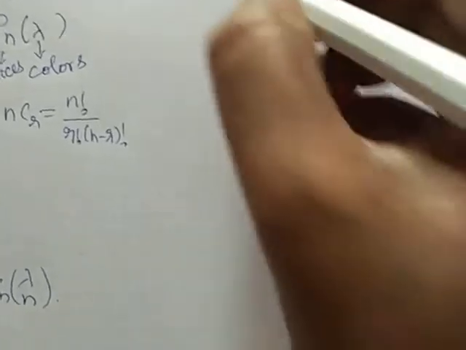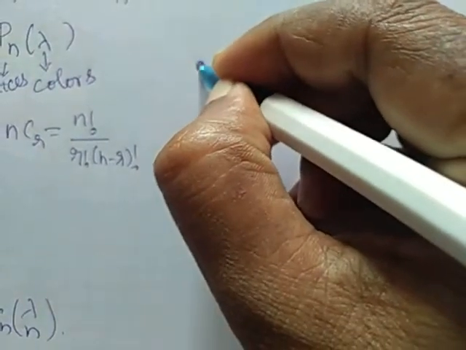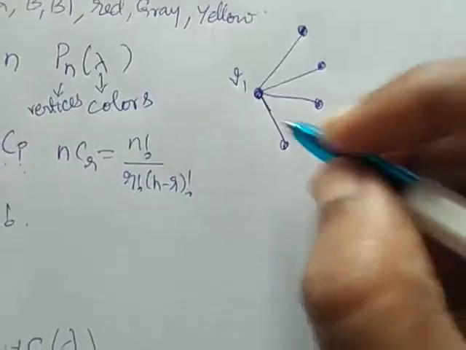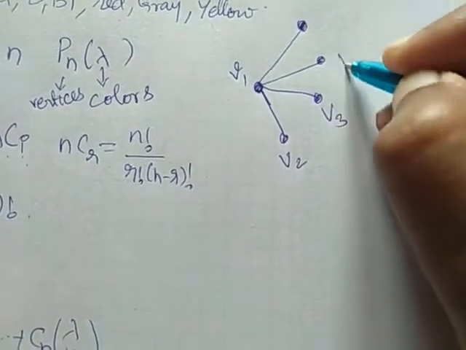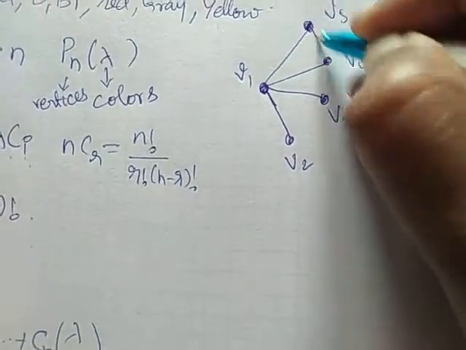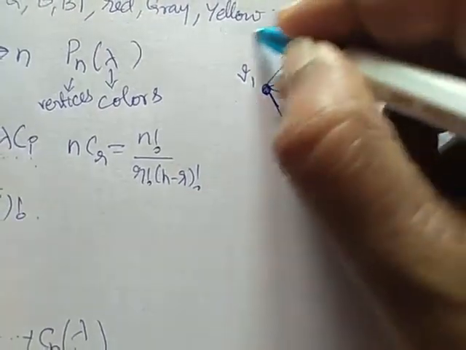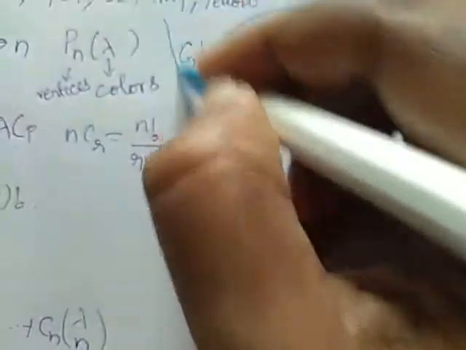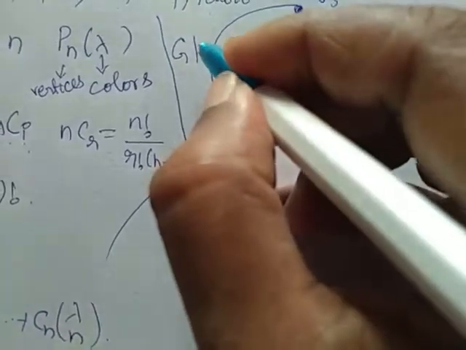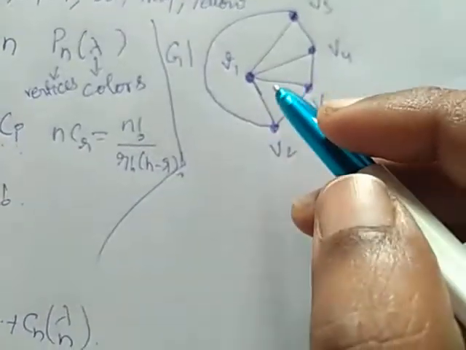Now we are going to find the chromatic polynomial for one graph. Consider a graph with vertices V1, V2, V3, V4, V5. For this graph G, we are going to find the chromatic polynomial.